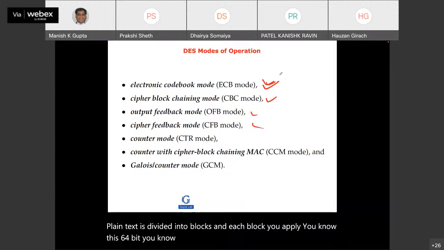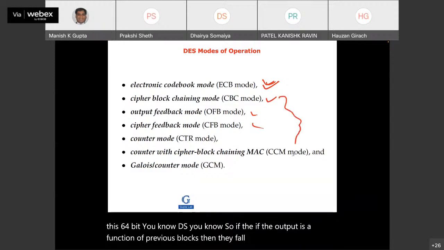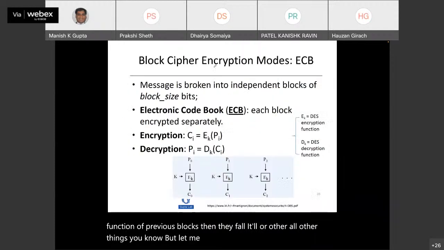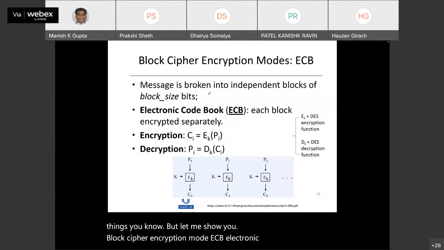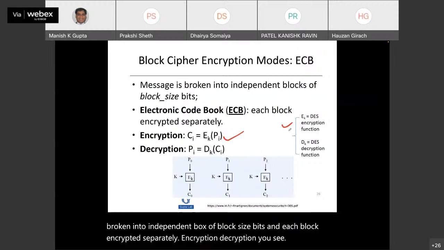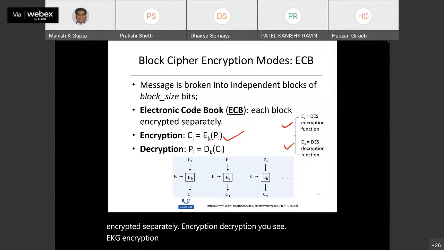If the output is a function of previous blocks, then that falls into the other modes. Let me show you block cipher encryption mode, ECB, electronic codebook. The message is broken into independent blocks of block size bits, and each block is encrypted separately. Encryption, decryption: you see, EK is the encryption function for DES, DK is the decryption function for DES. So this is block cipher mode.